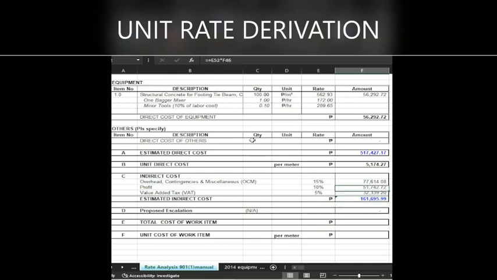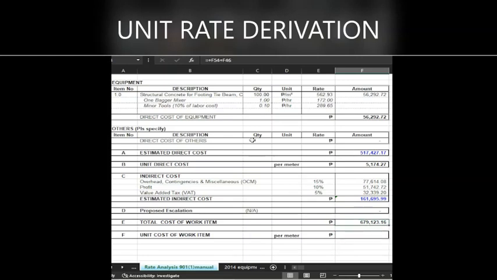That is the tax. So the total estimated indirect cost is 161,595. If you have price escalation, you will put it here. Then the total cost of work item is the sum of the indirect plus the direct cost.